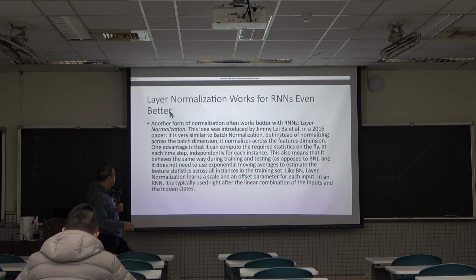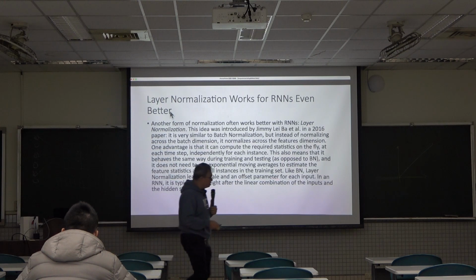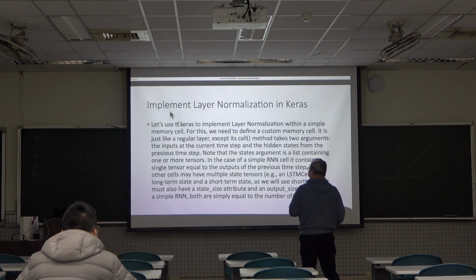Layer normalization will learn a scale and offset parameter for each input directly, and in RNN it is typically used right after the linear combination of the inputs and the hidden state, before the activation function is applied.